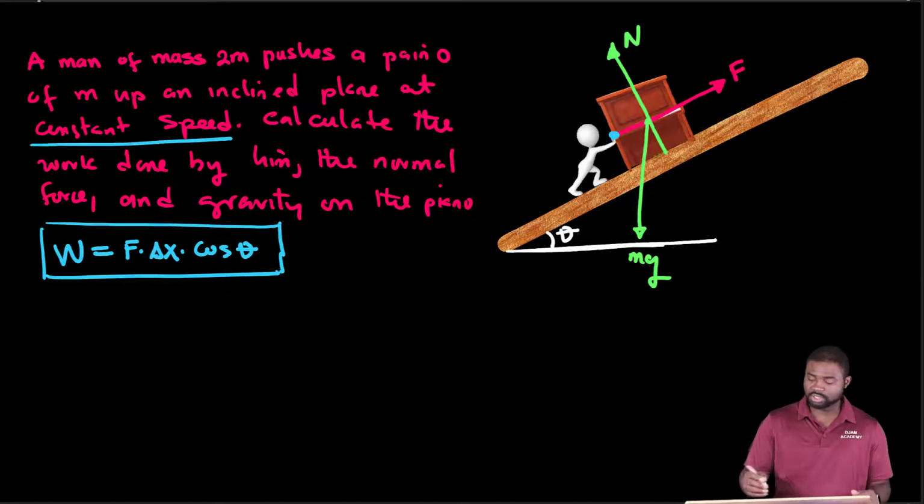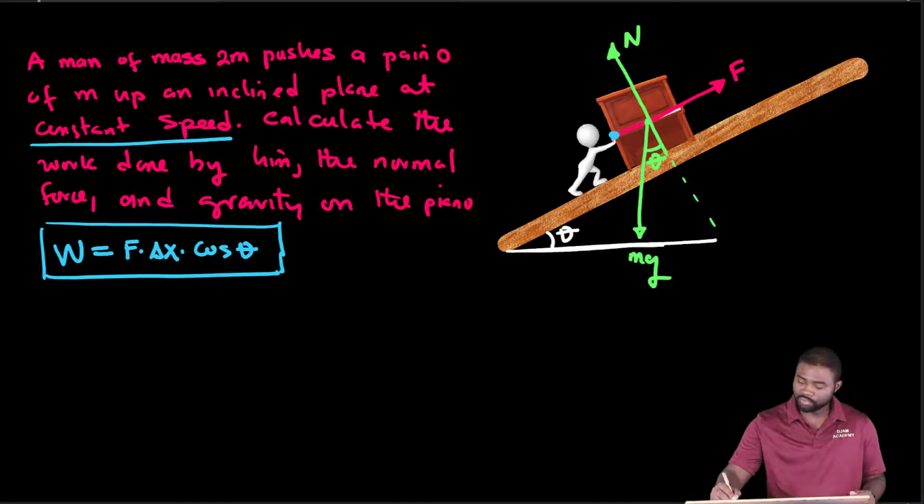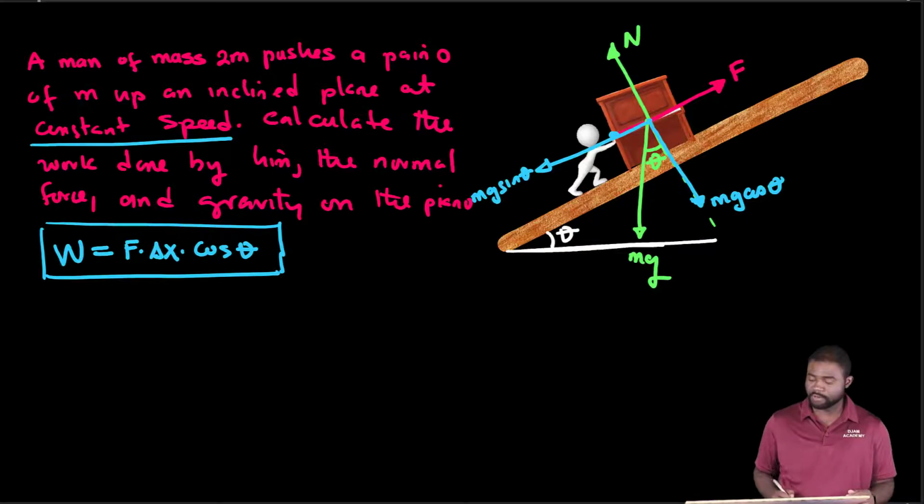This angle is theta. That means that we can resolve the weight of the piano into two components: mg cosine theta, and mg sine theta.